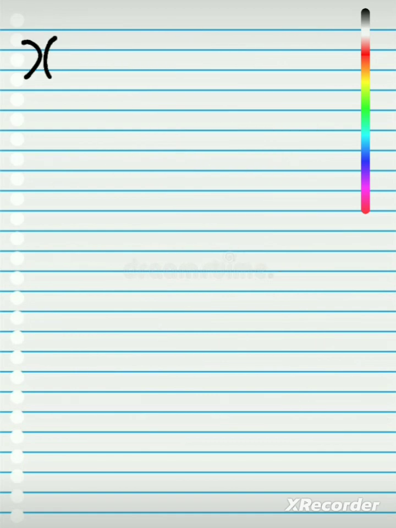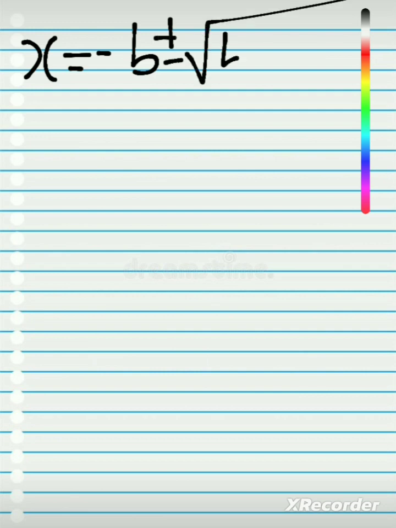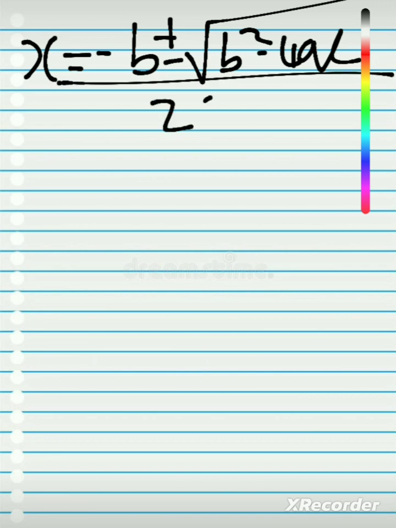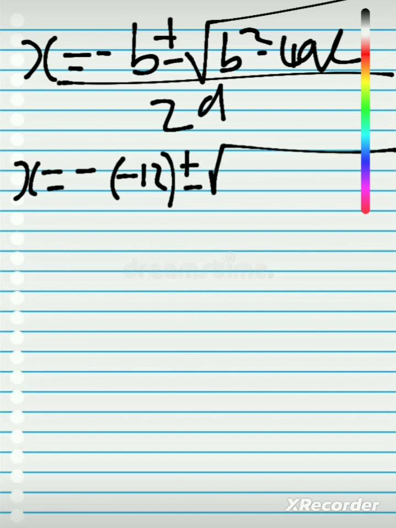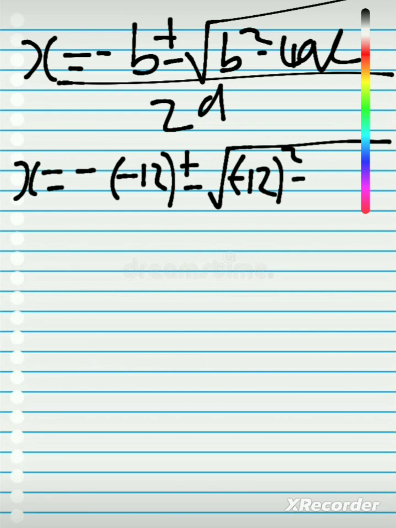So we write our formula: negative b plus or minus the square root of b squared minus 4ac, over 2a. Okay, so it's going to be x. What's our b? Our b, we agreed that it is negative 12, so we put it in brackets: plus or minus the square root of b squared, negative 12 squared, minus 4.